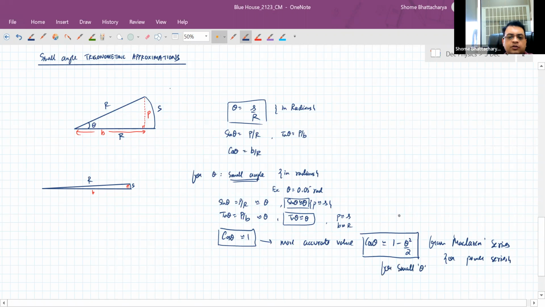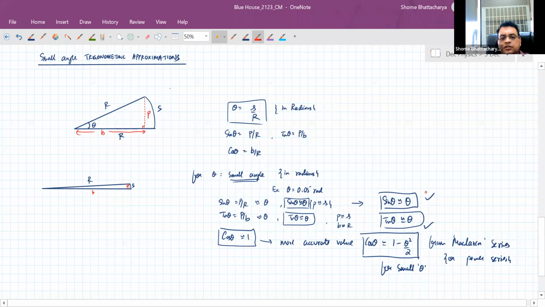Okay. So in this particular question, question number 15, they've asked us to specifically use this to determine the value of cos theta, and specifically use this to determine the value of sine theta. Sine theta is approximately theta. So this and this we have to use in this particular question.